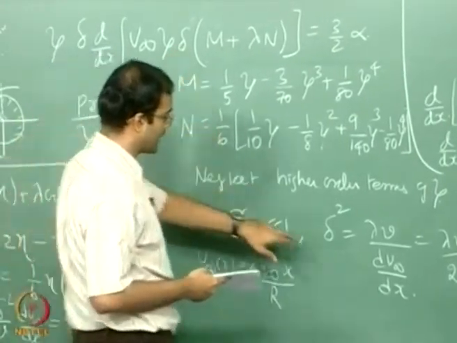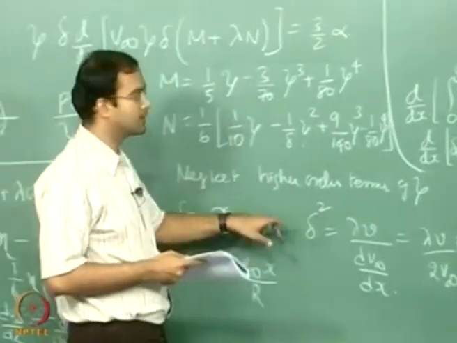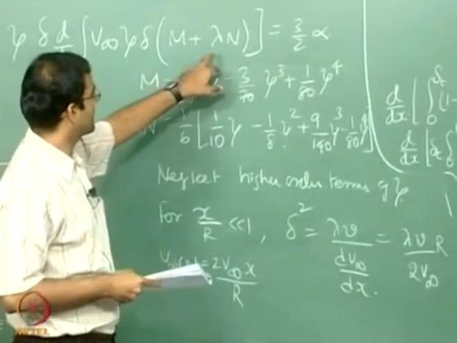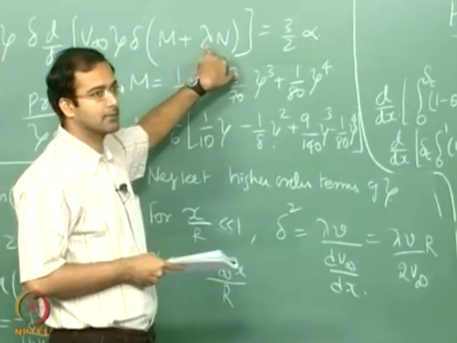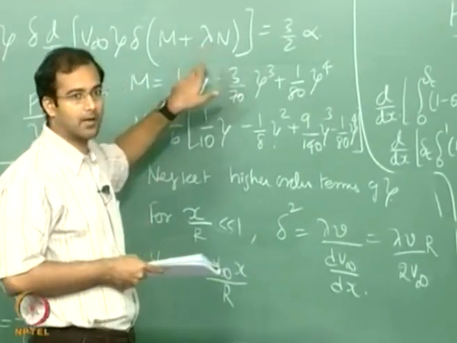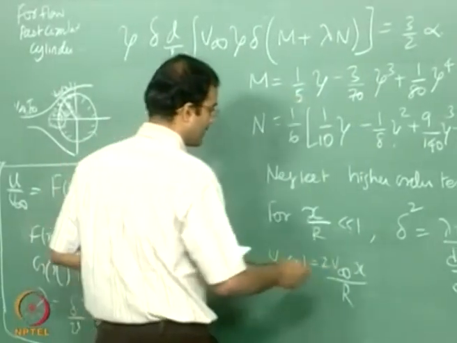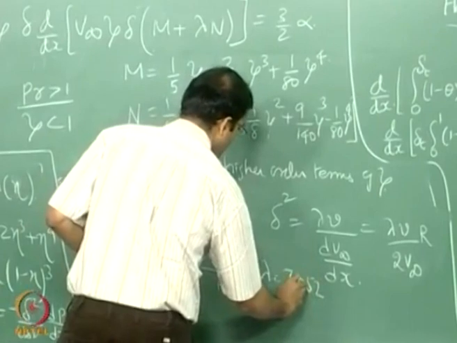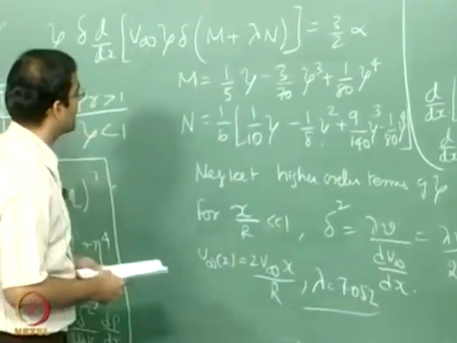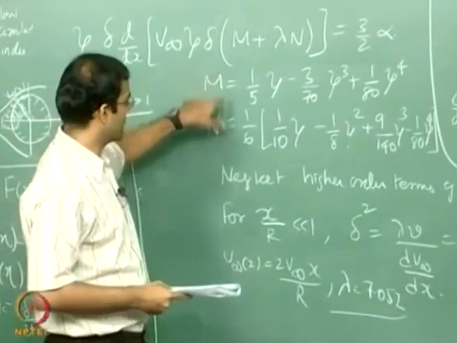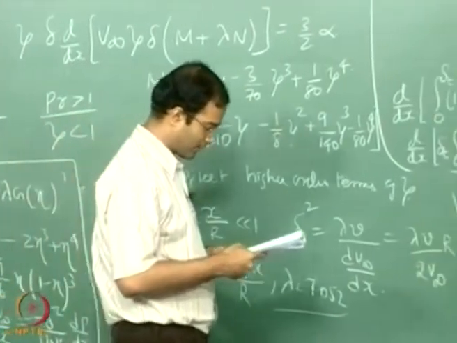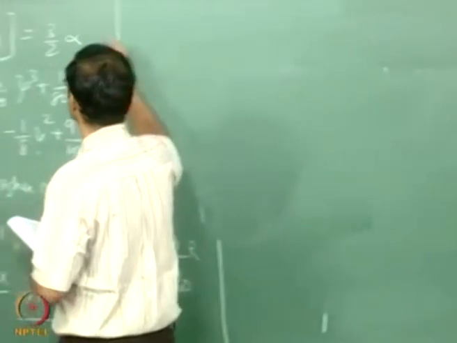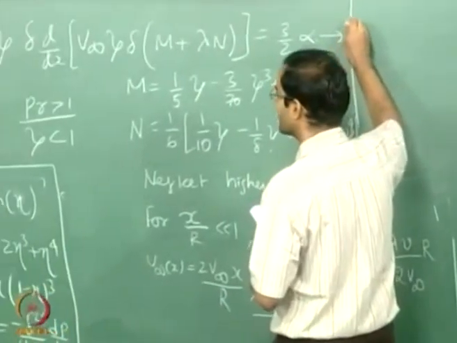So I can substitute my expression for delta from this into this expression, and also the value of lambda for the stagnation point. We have already determined the value of lambda, which is 7.052. So we can substitute the value of lambda here as well as the delta from here. Let me call this number 3.